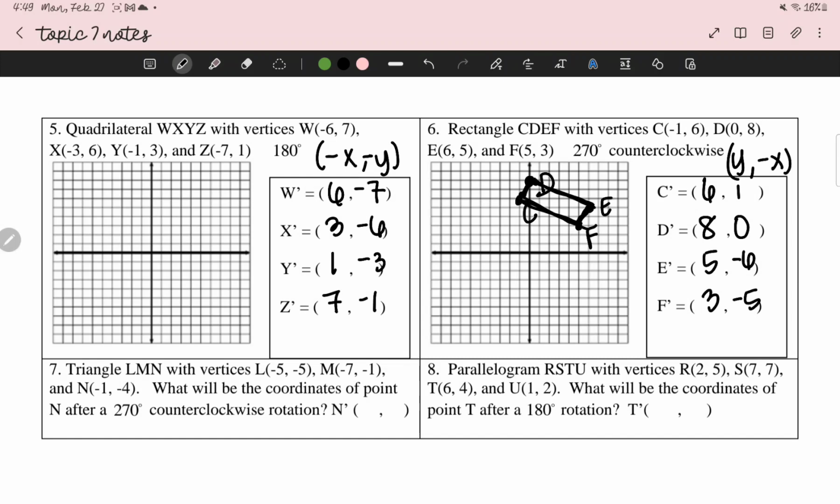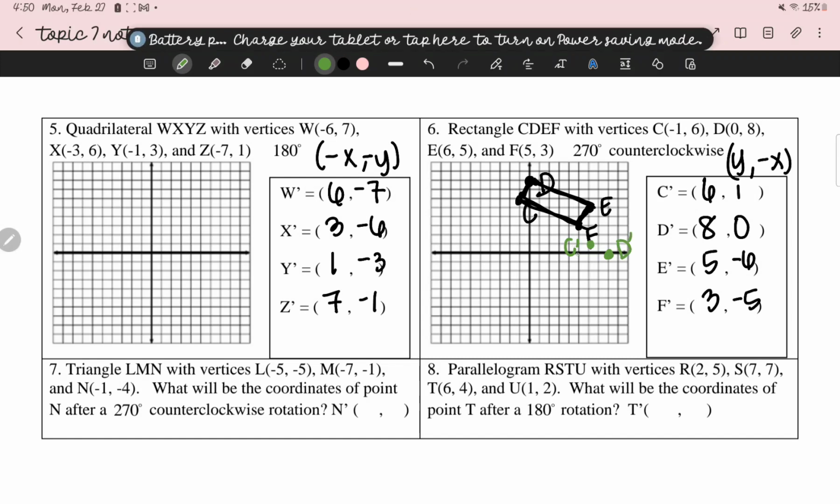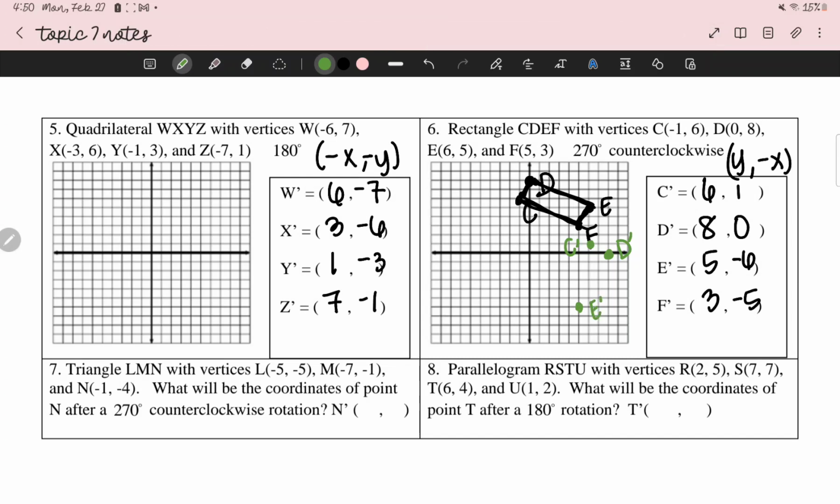Weird looking rectangle that I drew. Alright, and then my last one, I'm going to use this green. 6, 1 is C prime. 8, 0 is D prime. 5, negative 6 is E prime, and 3, negative 5 is F prime, and so it does create that rectangle again.